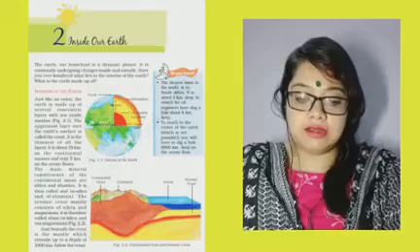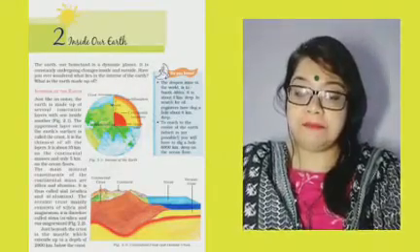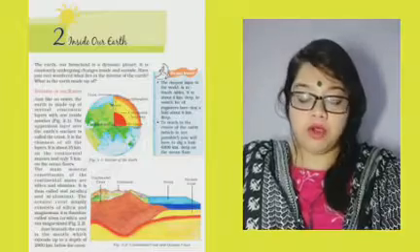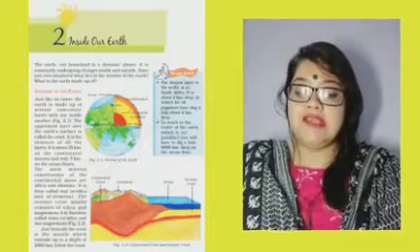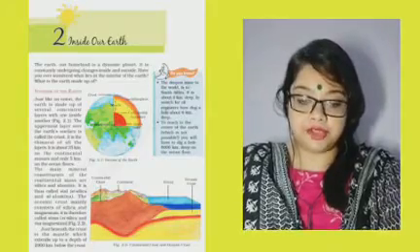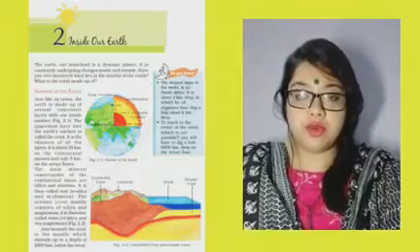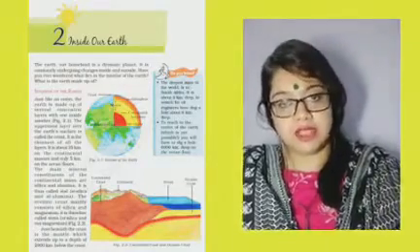The oceanic crust mainly consists of silica and magnesium, that is SIMA. SI stands for silica, same. MA stands for magnesium. So, if I ask you how do you know that oceans are denser than the continents?